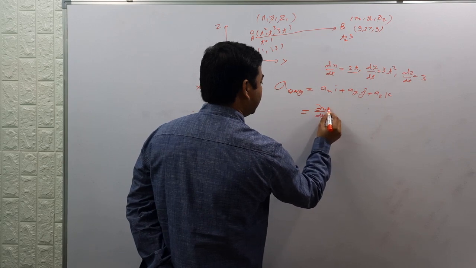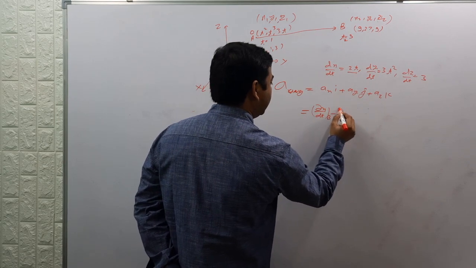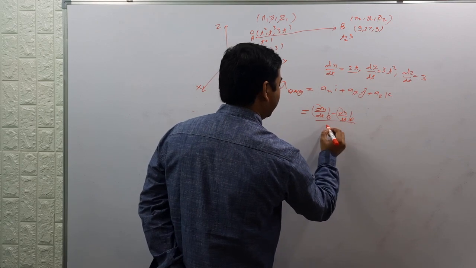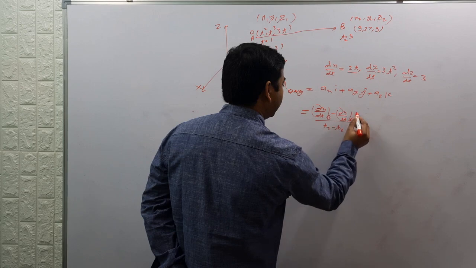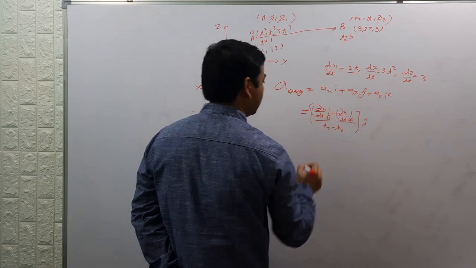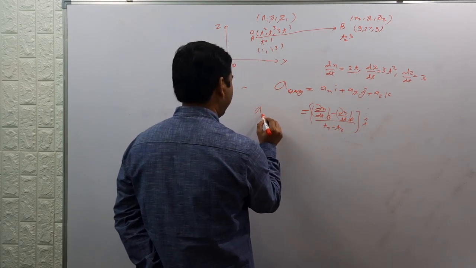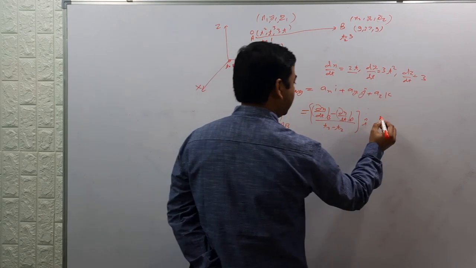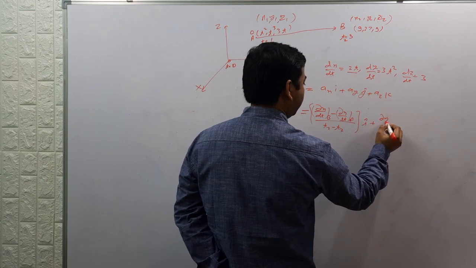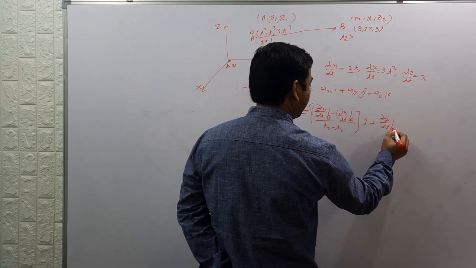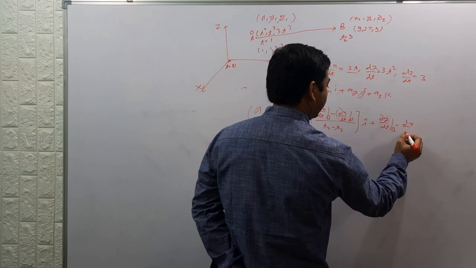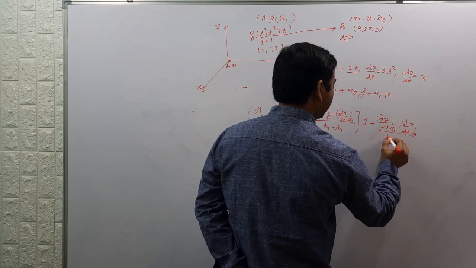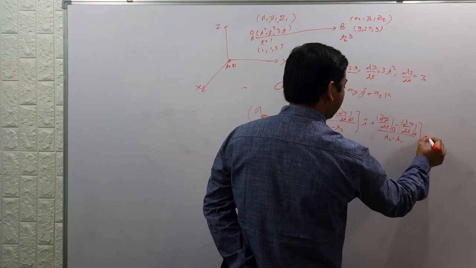So this you can write as dx over dt at point B minus dx over dt at point A divided by t2 minus t1 into i. Average acceleration A average between point A and B. Similarly, plus dy over dt at point B minus dy over dt at point A divided by t2 minus t1 into j.